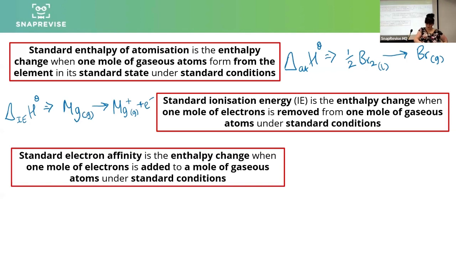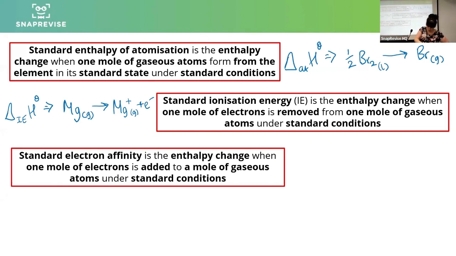And again, you can have first electron affinity or second electron affinity. If you've got first electron affinity, it's the addition of the first mole of electrons to a mole of gaseous atoms. If it's a second electron affinity, it's the addition of the second mole of electrons to a gaseous atom or ion. Could be ion, probably is ion.